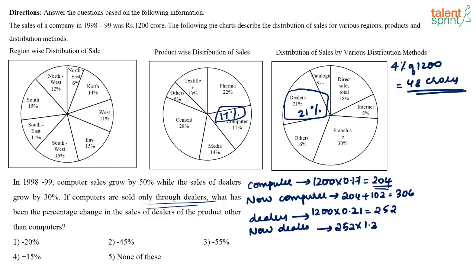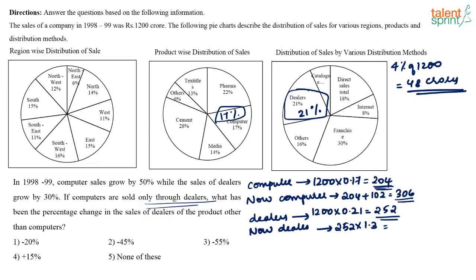Now what has happened? The computers, right? The sale of computers has increased by 50%. So earlier if there was 204 crores of computers that were sold, now 306 crores worth computers are being sold. Similarly, when you look at the dealers, earlier there were 252, now it has increased, right? 252 into 1.3.